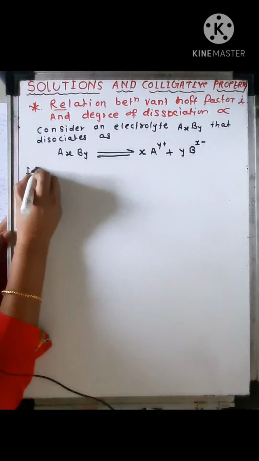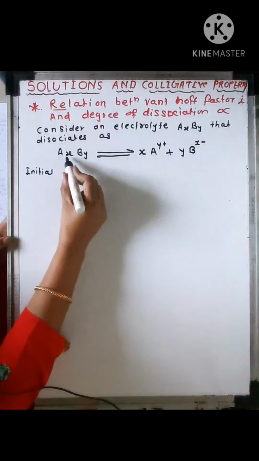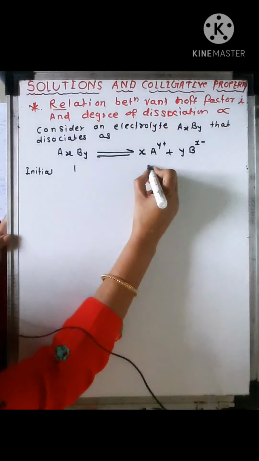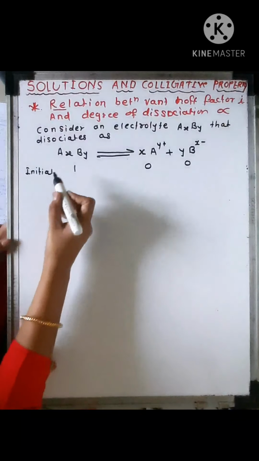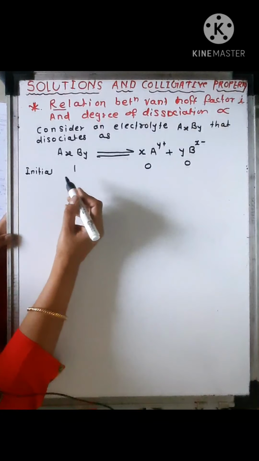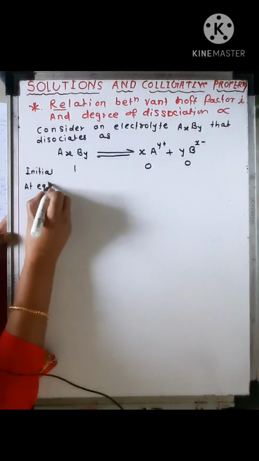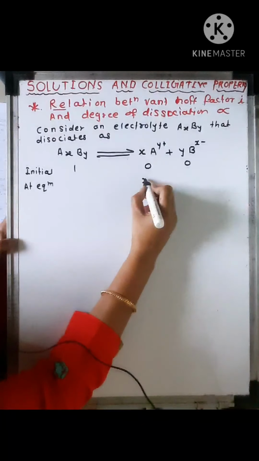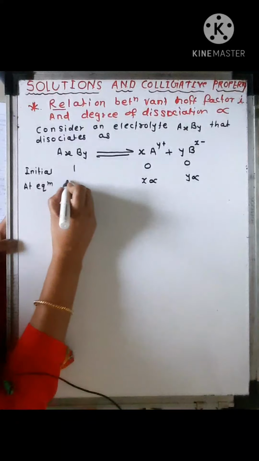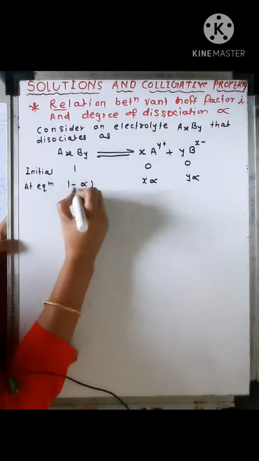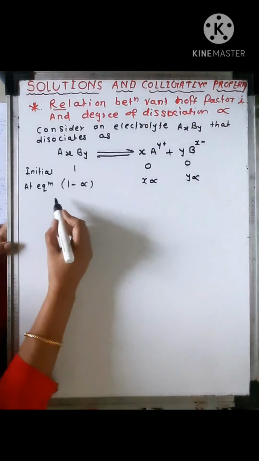Initially we take 1 mole of electrolyte, that is AXBY, and it dissociates 0. Initially it does not dissociate, but when it is dissolved in aqueous solution, then at equilibrium it dissociates X alpha and Y alpha, and 1 minus alpha of AXBY will remain. This table is prepared.